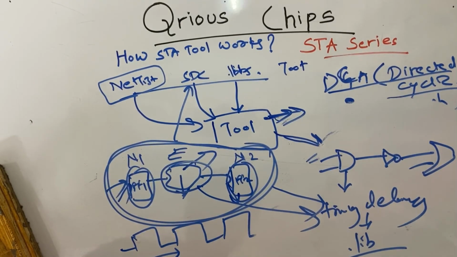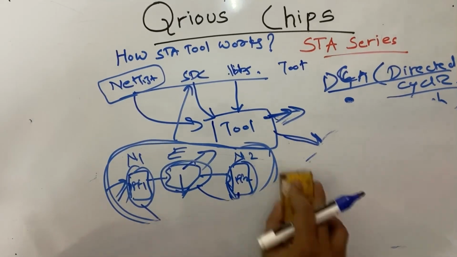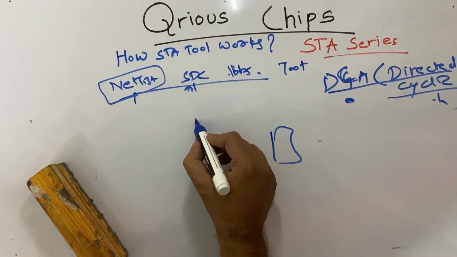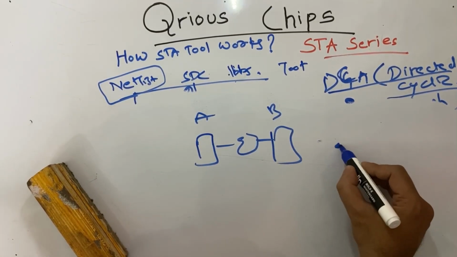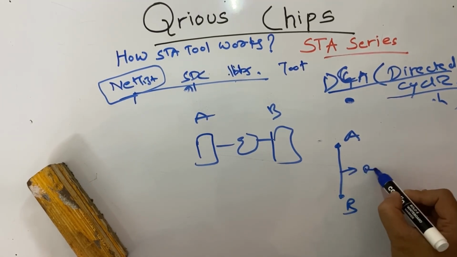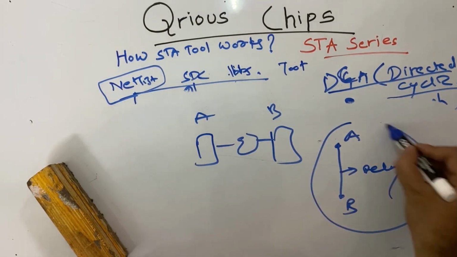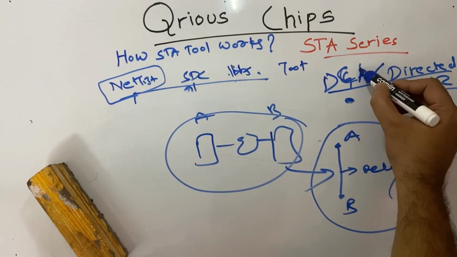So now if we see flip-flop 1 as point A, and flip-flop 2 as B with combinational logic between them, we have node A going to node B, and this is the delay. So like this the tool represents each and every path inside the design in the DCG.